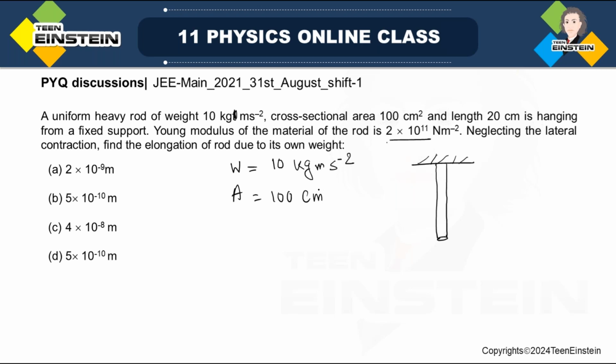If we require in meter square, we'll get 100 into 10 to the power minus 2 whole square. That means 10 to the power minus 4 meter square.